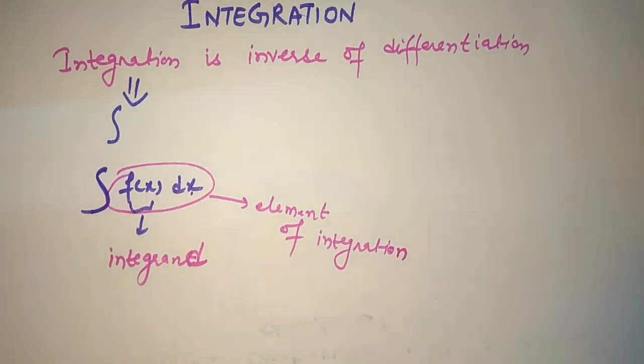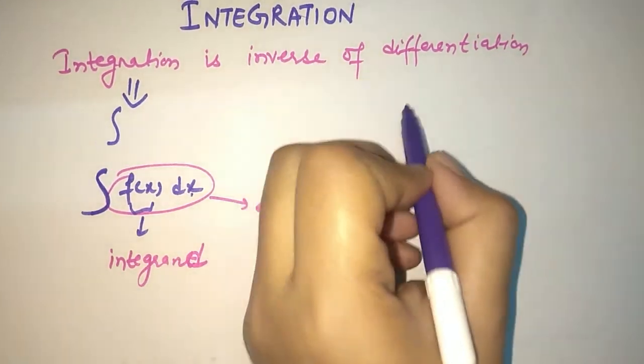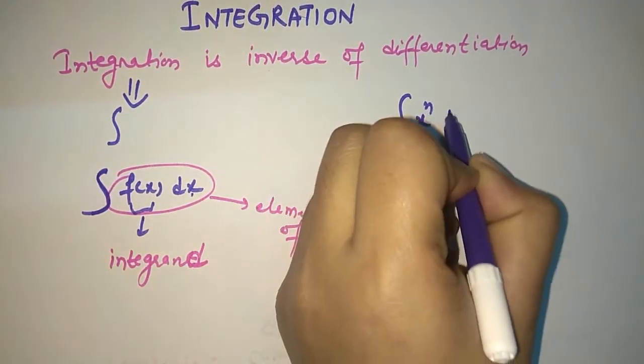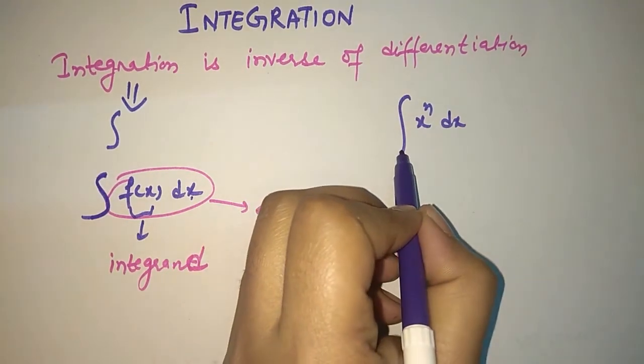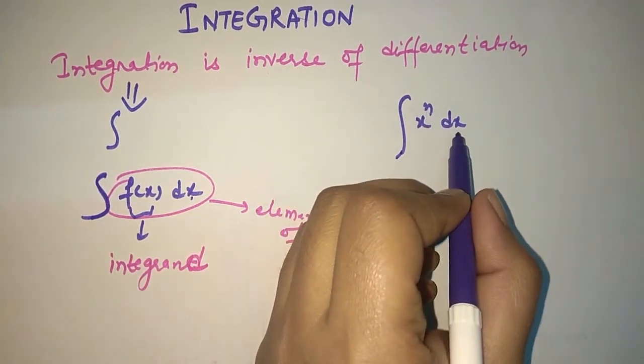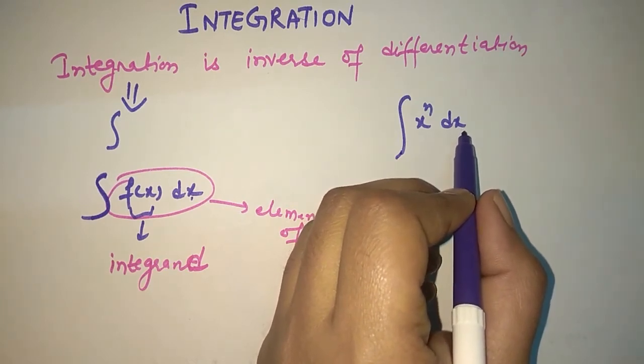Now, there is a general formula for finding the integration, that is, if we want to find the integration of, suppose, x raised to power n with respect to x. So, we will write the integral of x raised to power n dx. This dx shows that we have to find the integration with respect to x.